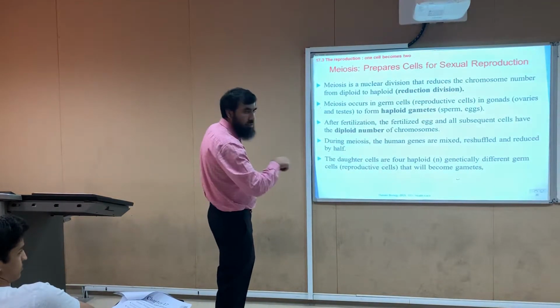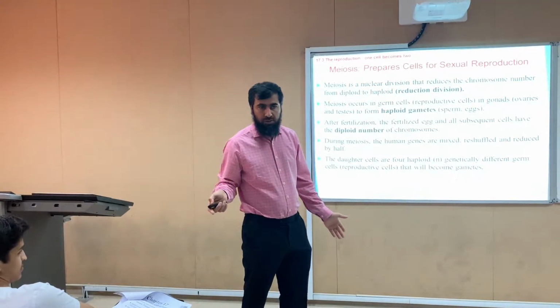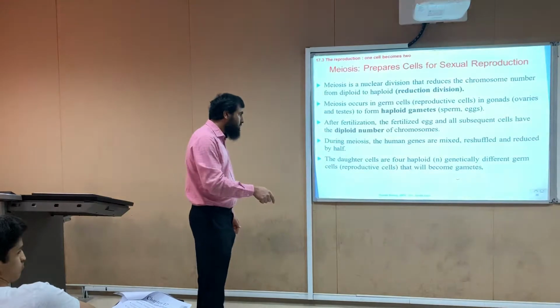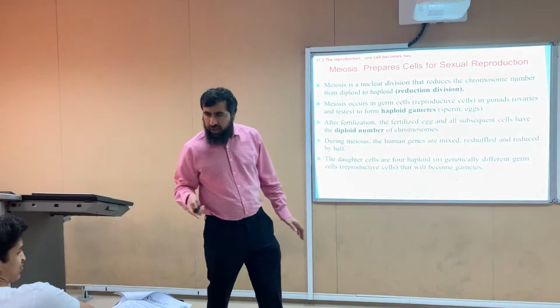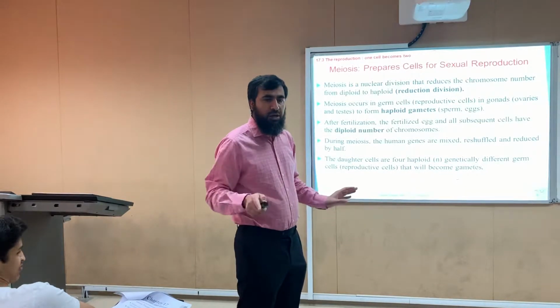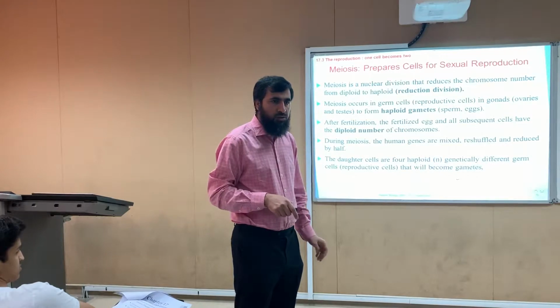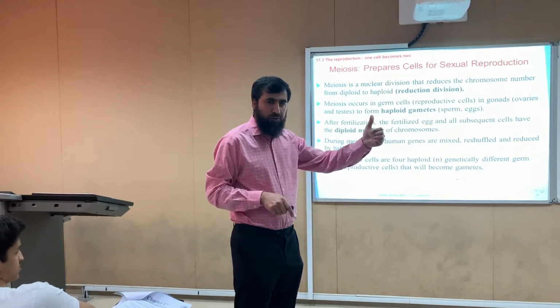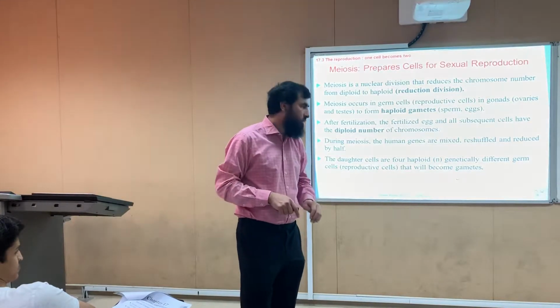The other thing is that the number of chromosomes is reduced, so you get the haploid number of chromosomes. And the difference is that these cells that we get are not genetically identical. All 4 cells that arise from the single cell in meiosis, we start with a diploid cell and end up with 4 haploid cells that are not genetically identical.